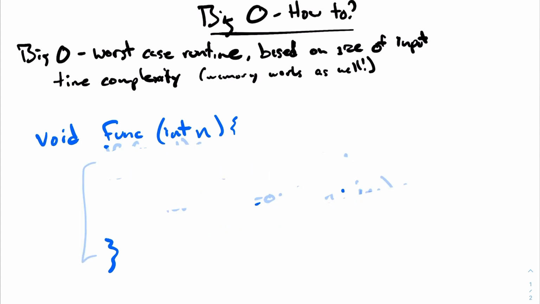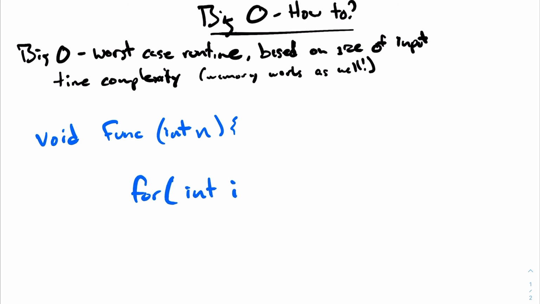Cool. Let's do one more example. What if I had something that looks like this: for int i equals 0, i is less than n, i plus plus, and I do something like this.